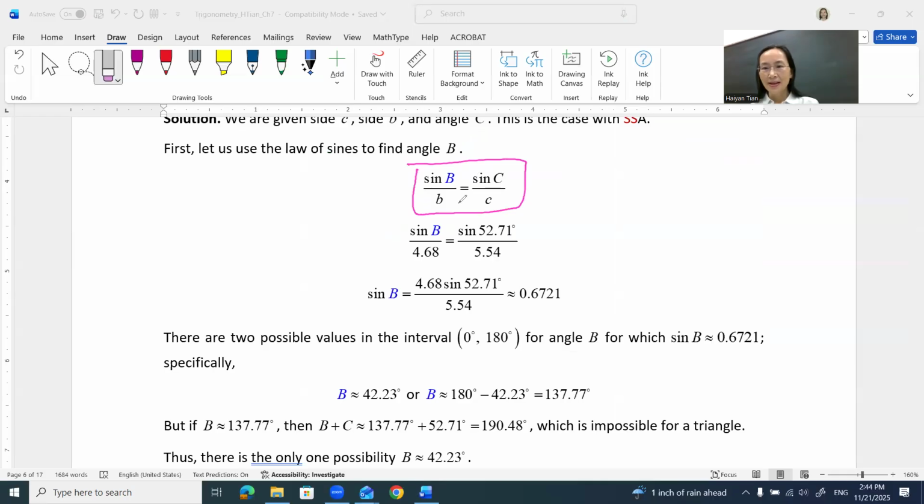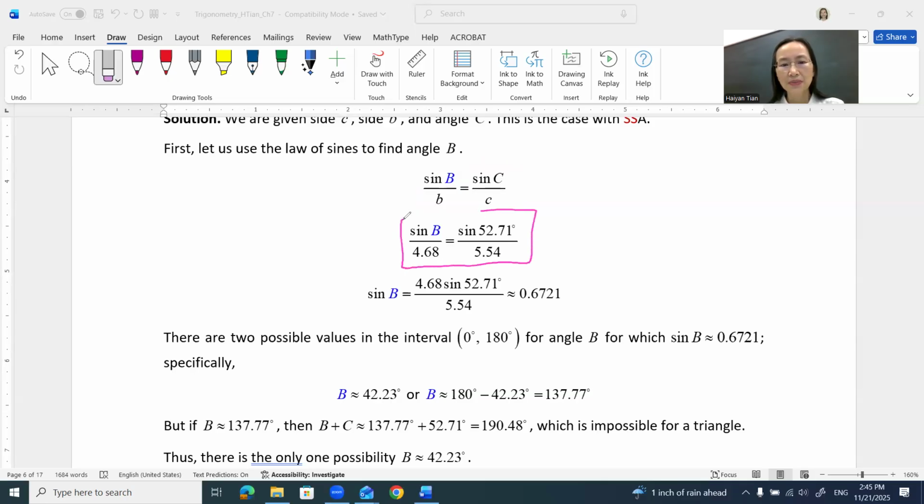So here is the process of finding the capital B. Here is the law of sines that relates the capital B and capital C and lower b and lower c. So in this equation, we know everything except this capital B, right? So let's solve.